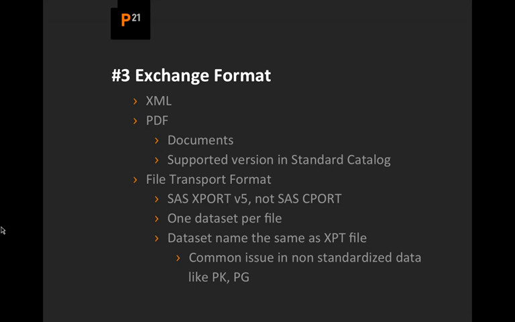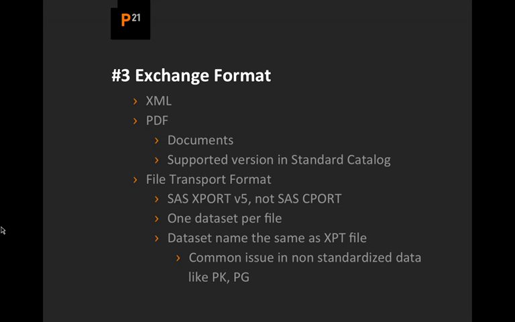Section 3 of the document is about exchange format, and it's XML for eCTD and define-XML. PDF format should be used for documents, and supported versions of define-XML you can find on the standards catalog webpage. File transport format is still SAS transport version 5. Please do not confuse it with SAS CPORT. This guidance specifies that it should be one dataset per file, and the dataset name should be the same as the name of the XPT file.